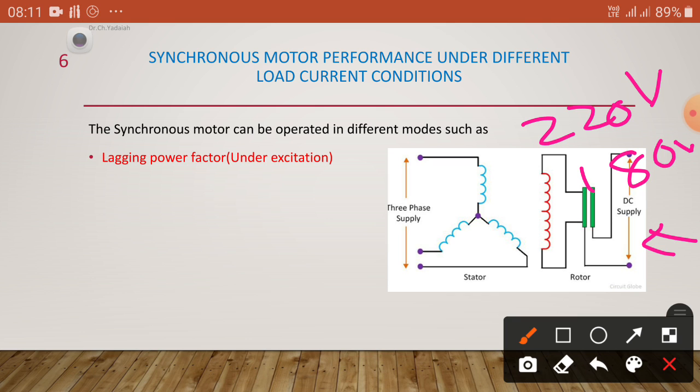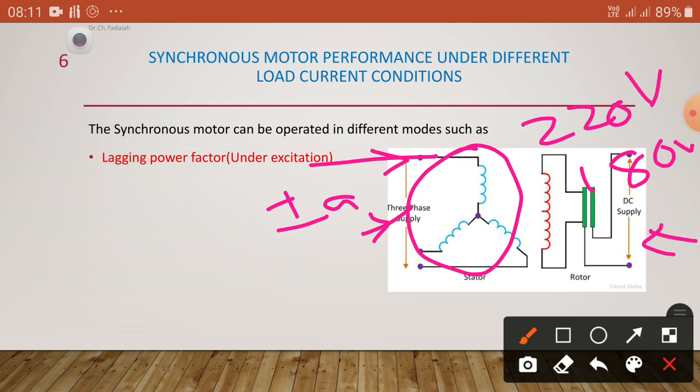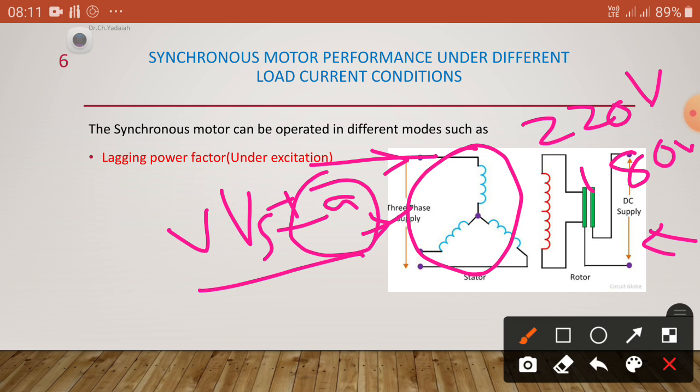At that condition, this motor works on a lagging power factor. That means the current IA drawn from the supply is lagging the applied voltage. This current is always lagging with respect to the applied voltage. That situation is known as the under excitation of the synchronous motor.